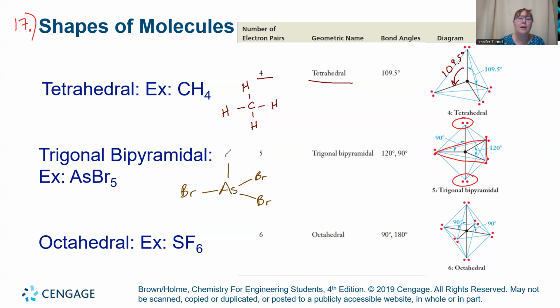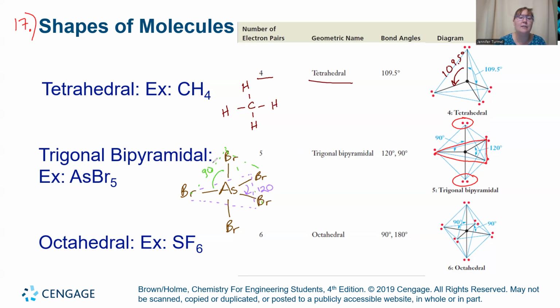And then up to the bromine and down to the bromine. And now you can see the triangle forming, and the bond angles on the triangle here are 120 degrees. And then you can see how it goes up and forms this tetrahedron up like this.